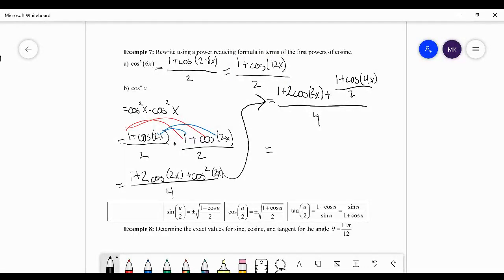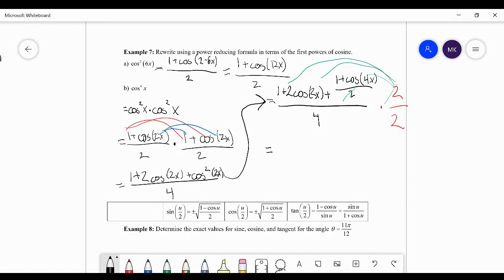So what do I do here? Well, I need to get rid of that fraction in the numerator. And the easiest way to do that is to multiply by 2 over 2. So I'm just multiplying by 1. But what's going to happen here is this 2, when it distributes into this fraction, it cancels out.